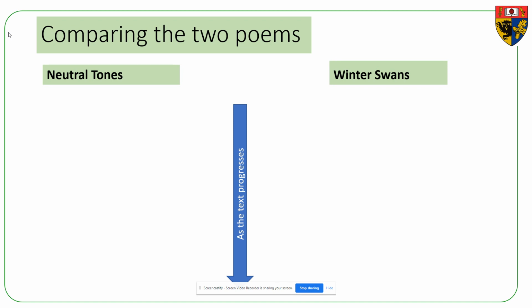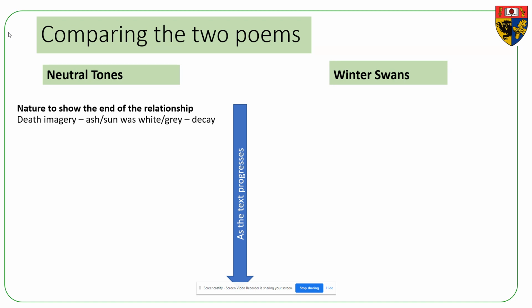Okay, so we are thinking about the beginning of Neutral Tones, but we need to keep our eye on nature at all times. So at the beginning of the poem, what Hardy does is he uses nature to show the end of the relationship. He uses a lot of death imagery. He talks about the ash tree. Think about it, of all the trees that he could have selected there, he picked the ash tree.